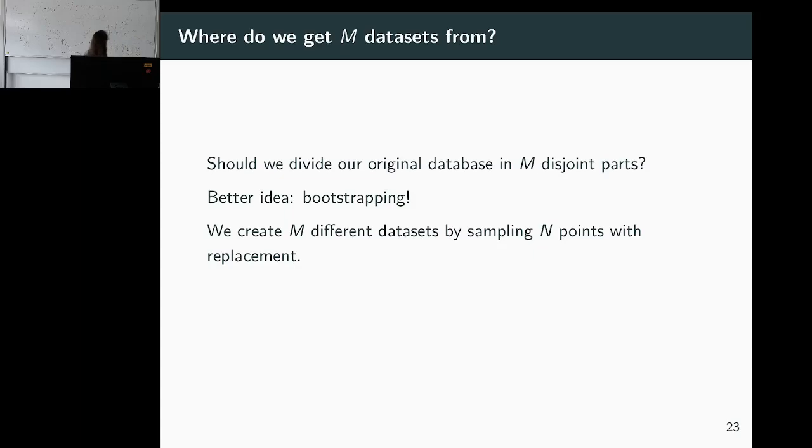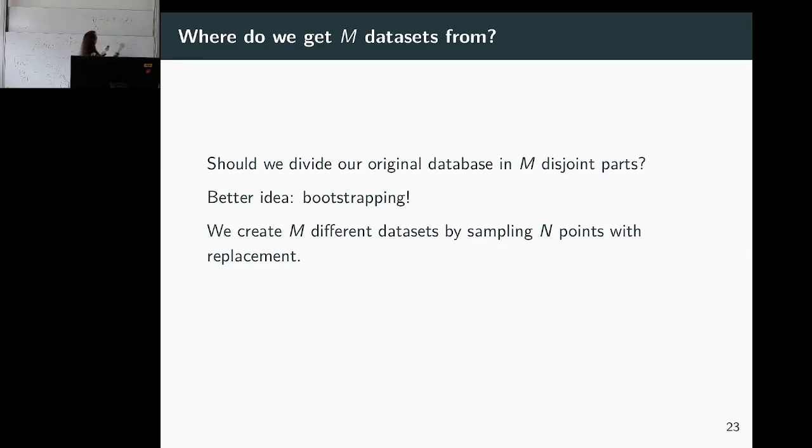So if our data set would be, just to take a simple example, A, B, C, D examples, then this would be our original data distribution, and we will create m different data sets by sampling n points, so the number should be the same, but with replacement.